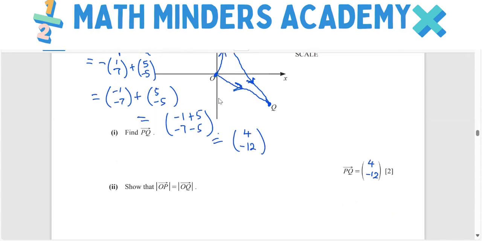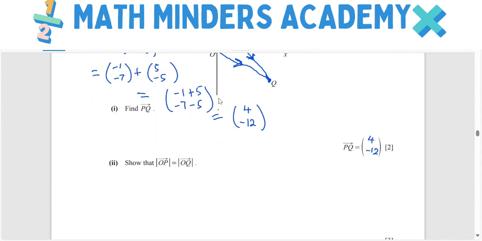Now, here we want to show that the magnitude of vector OP and the magnitude of vector OQ are the same. Now the magnitude means size. When we talk about magnitude, we are talking about the size of the vector.